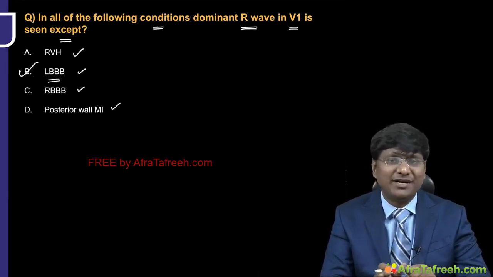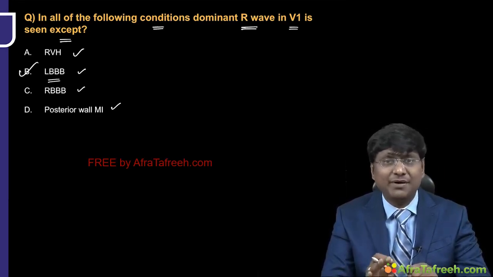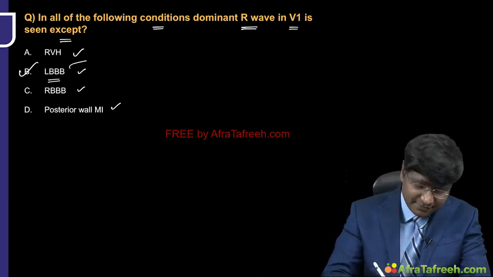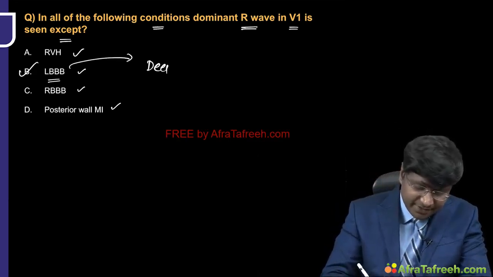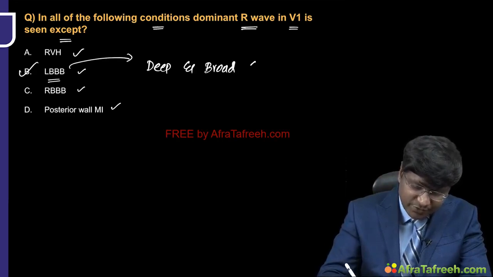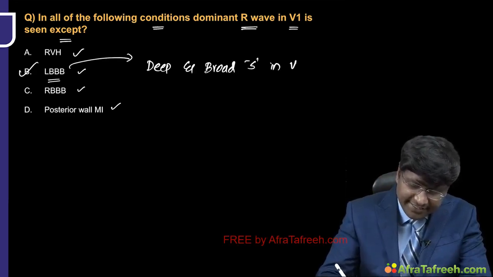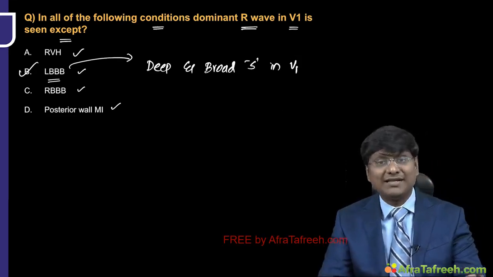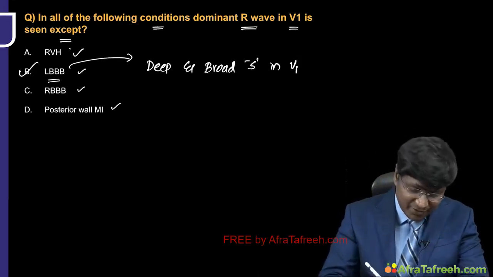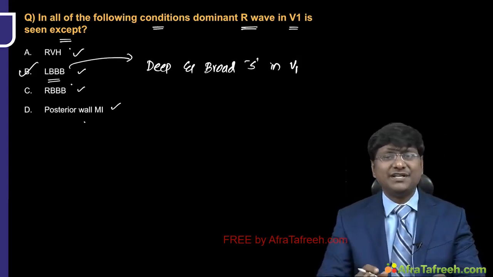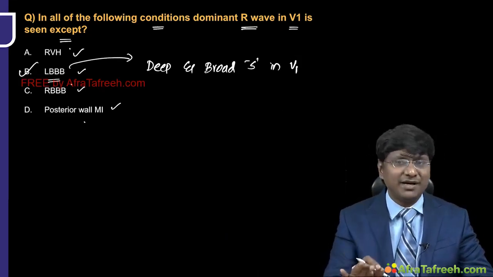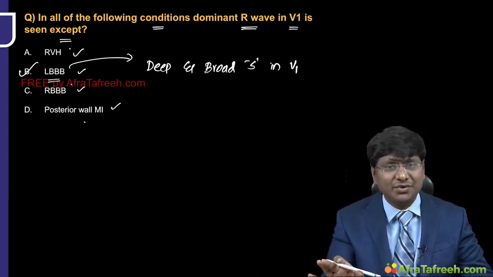You will have a deep, broad S wave in lead V1. Whereas in all other conditions, right ventricular hypertrophy, RBBB, and posterior wall MI, you will have the presence of dominant R wave in V1 or else in V2 as well.